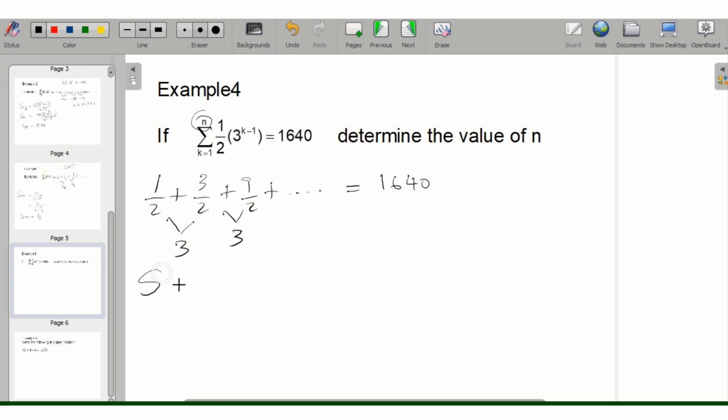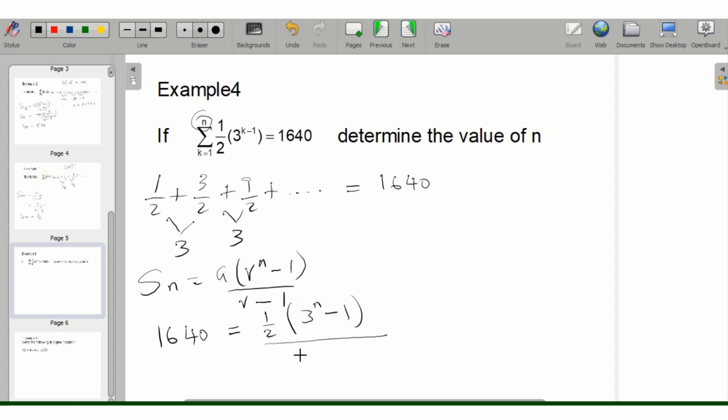So sum of n terms will be a into r to the power n minus 1 over r minus 1. We are given the sum. The sum is 1640. The first term is 1 over 2 into r is 3 to the n minus 1 all over 3 minus 1.